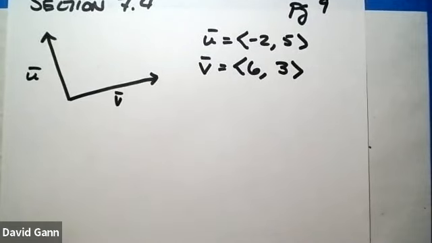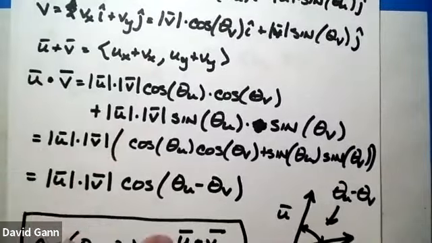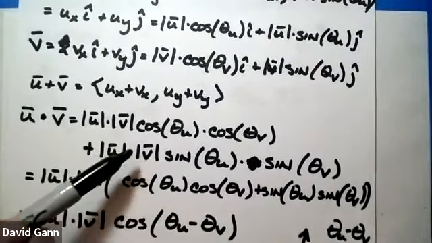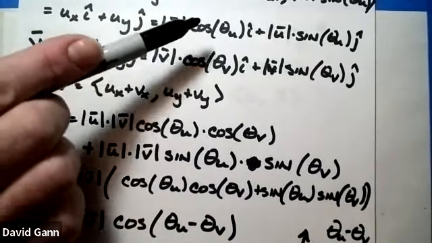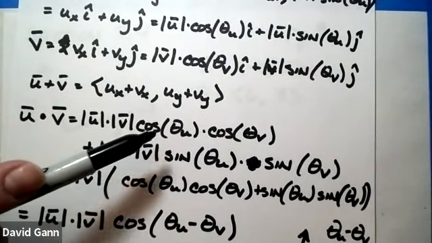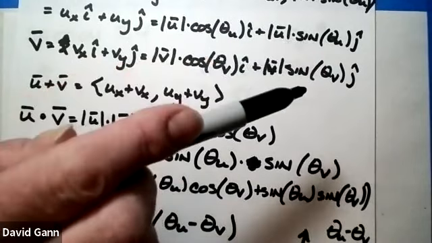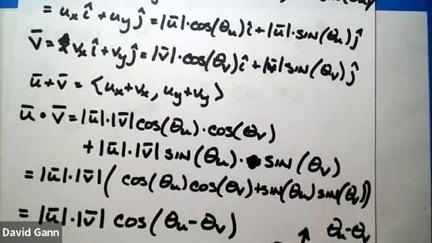Okay, so let's go back and look at this formulation that we have for the dot product. Notice we started by saying maybe if I just multiply these two components together and produce this first term, and then multiply these components together to get the second term, then I get this result. But remember what it was I was multiplying together.